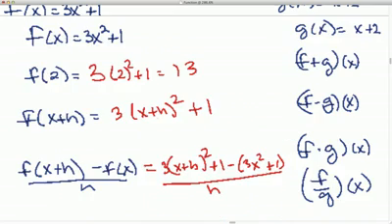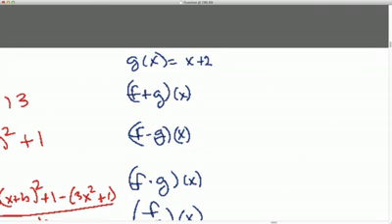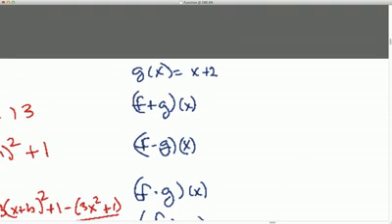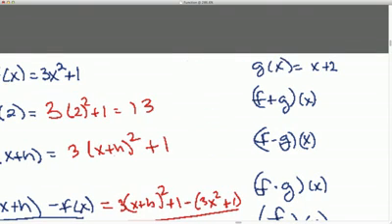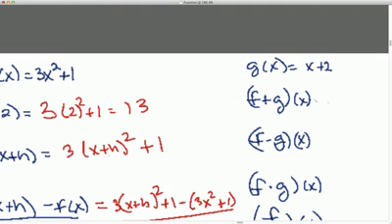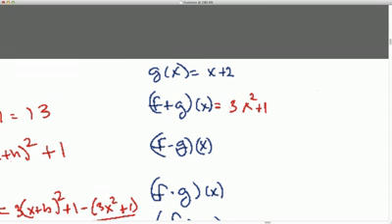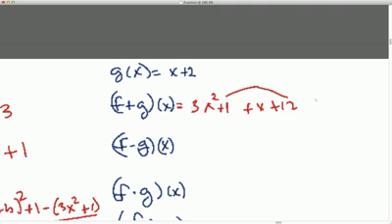So again, this is just a concept video trying to tell you what to do, not actually solve it. If given f and g, you would just add the two functions for that. So it'd be 3x squared plus 1 plus x plus 12. And then you would combine these like terms right there and rewrite that again. Concept here mainly, but since this is nice and easy, I'll just go ahead and work that one out.